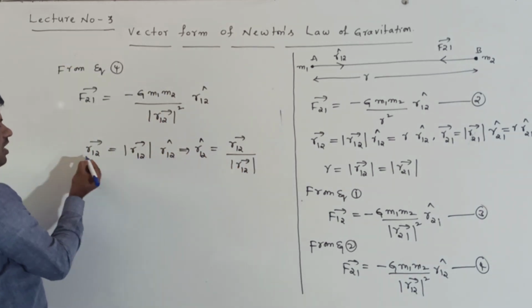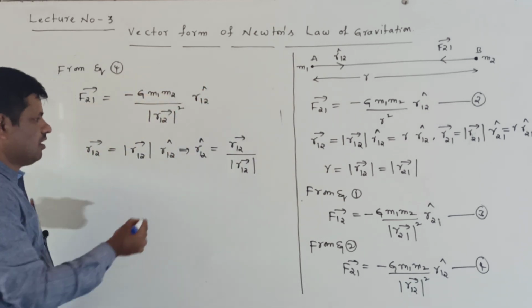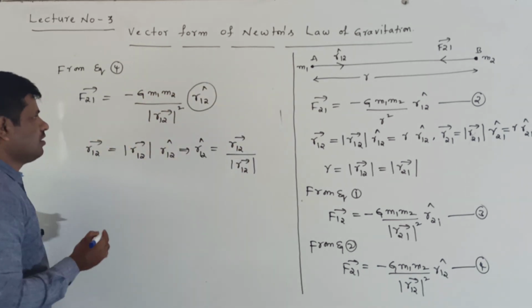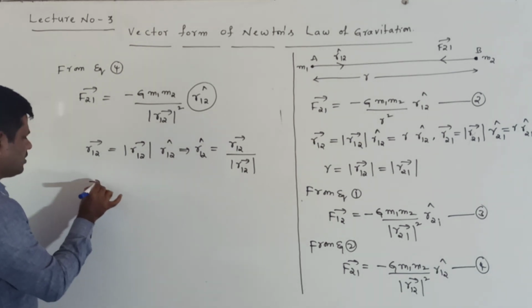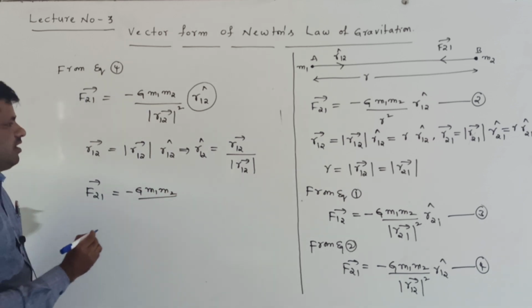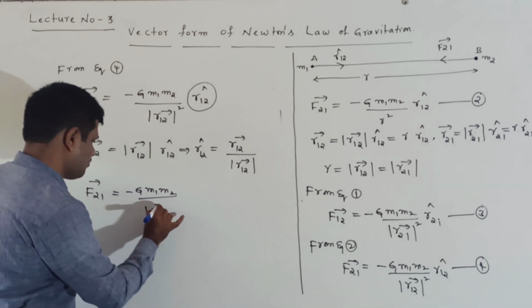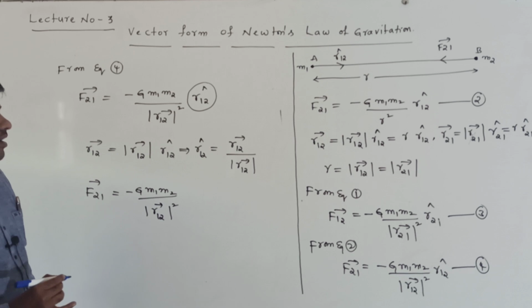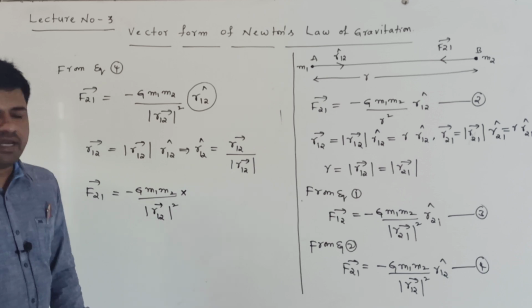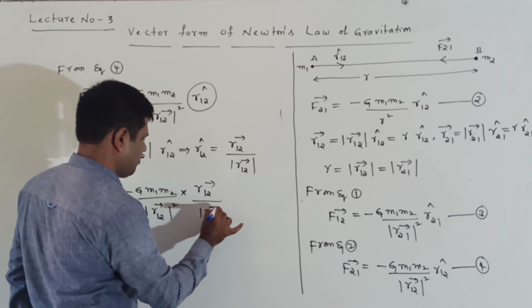I want to substitute that value here. Now what are we getting? F12 bar is equal to minus G into M1 M2 by mod R12 bar, into, in the place of R12 cap, R12 bar by mod R12 bar.